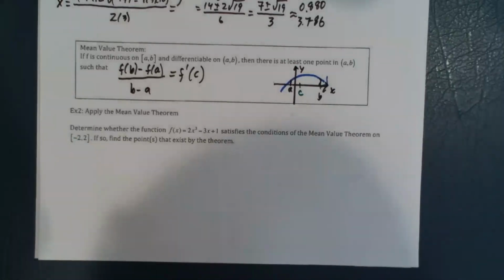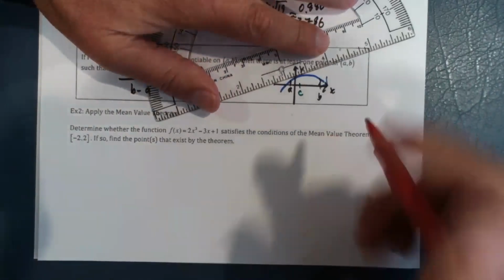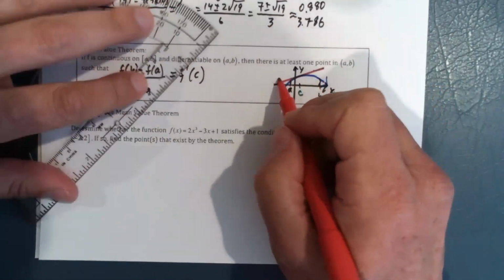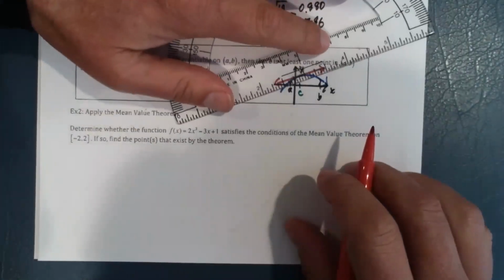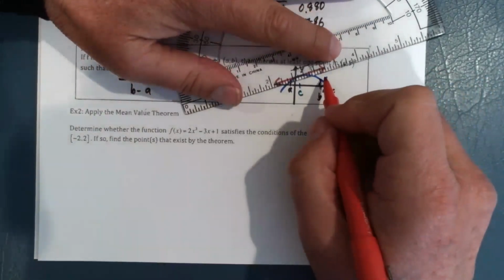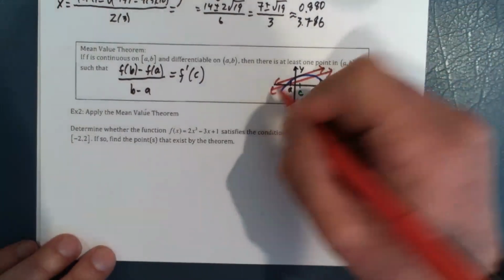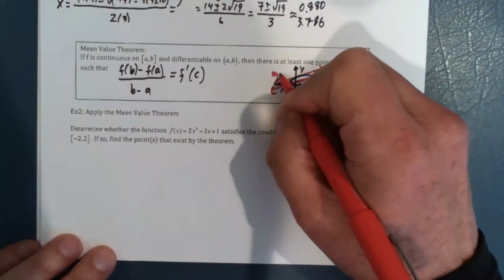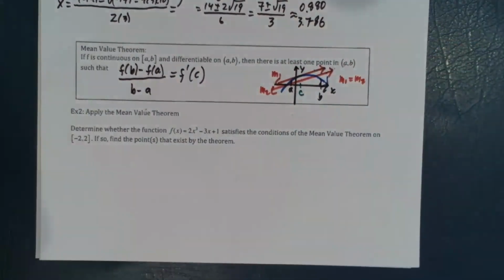The slope of the tangent line at c is going to have another slope that's parallel to it on that same interval, where these two slopes are equal.